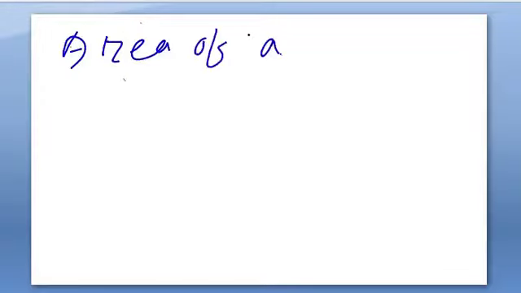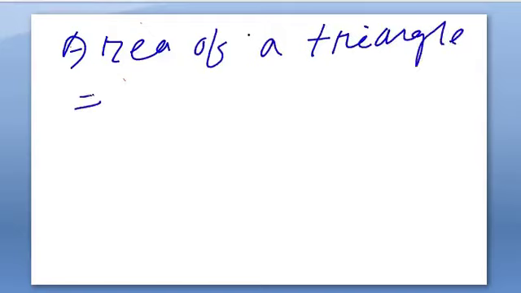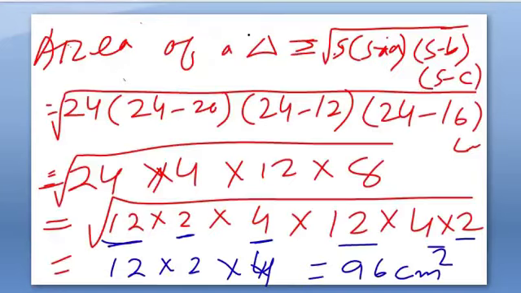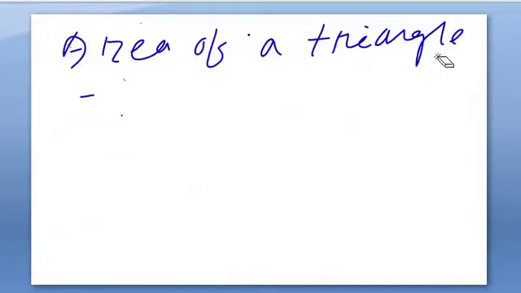So we can write now that area of a triangle equal to 96 square centimeter. Here you will write 96 square centimeter.